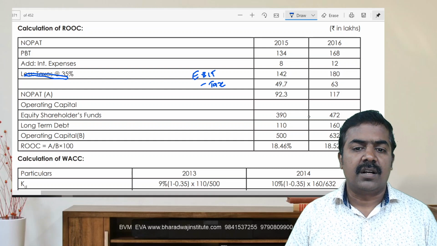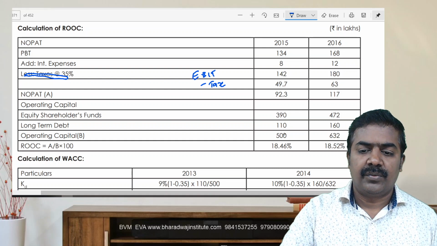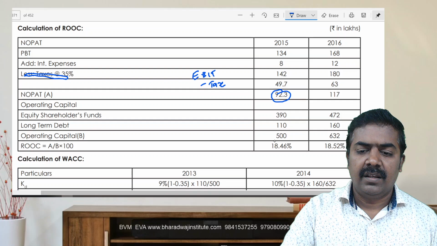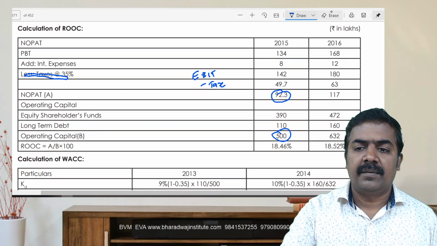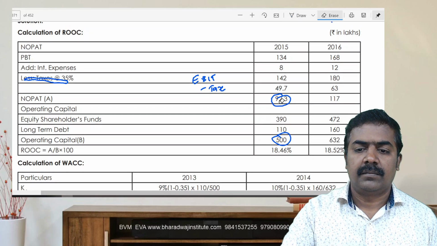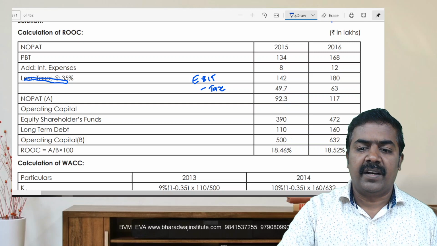Now, how to work out return on capital? 92.3 divided by 500 into 100.